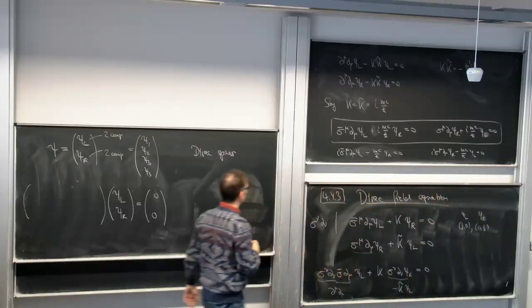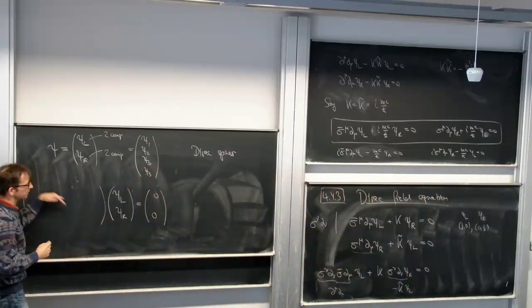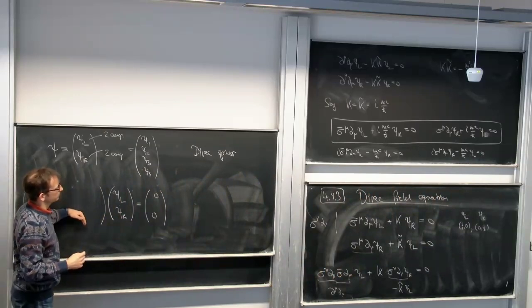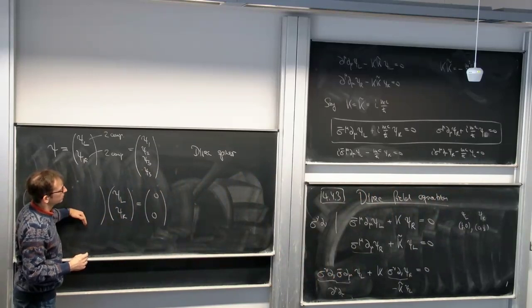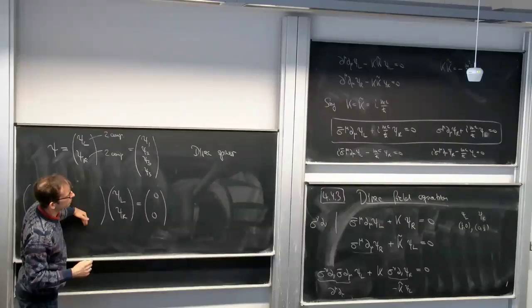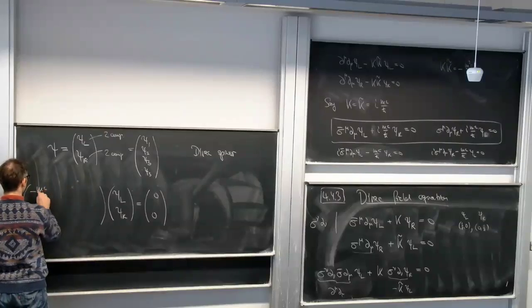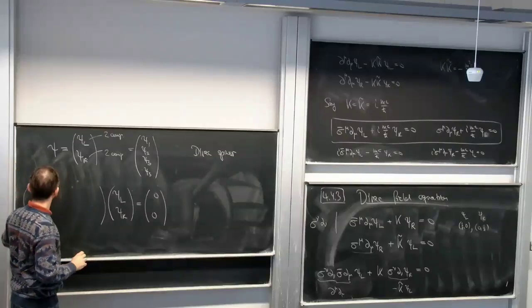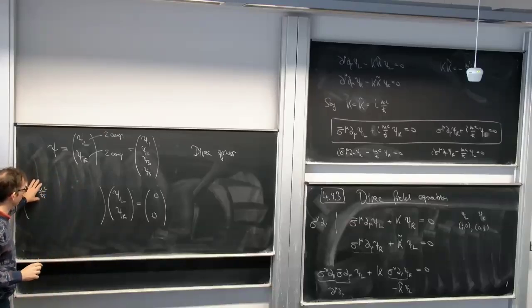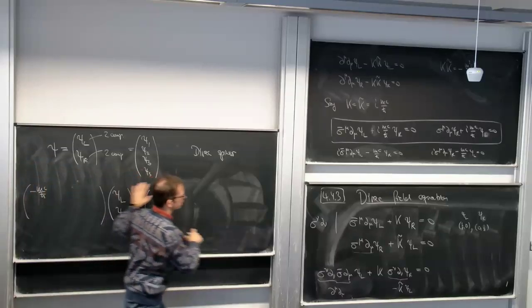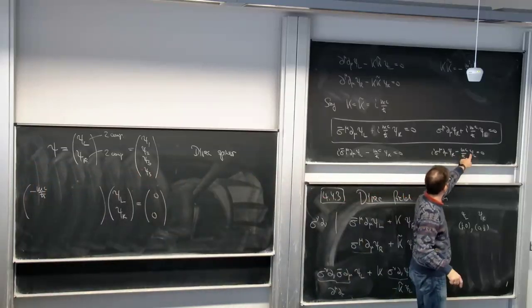And I want the masses on the diagonal. So the second equation is minus MC over h bar. I'm writing the second equation first because if this comes here, then the mass term is on the diagonal.